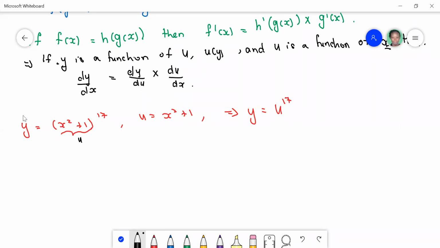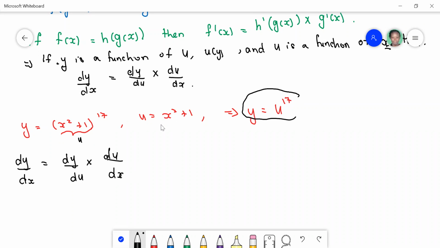So that if I want to find dy/dx, it means I have dy/du, which is this, times du/dx, which is also that.